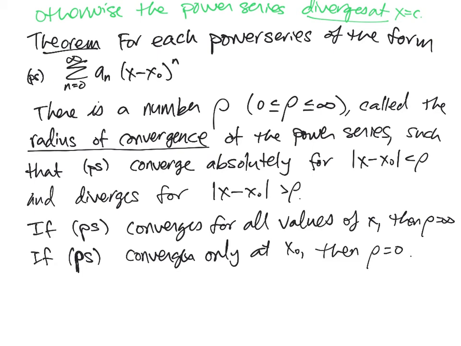So of course it's going to converge for x equals x_0, because if x equals x_0, then all of these terms are going to be 0. And so the only term from this power series you'll get is the first n equals 0 term. So just the first coefficient. And that'll be a number, and of course it converges.